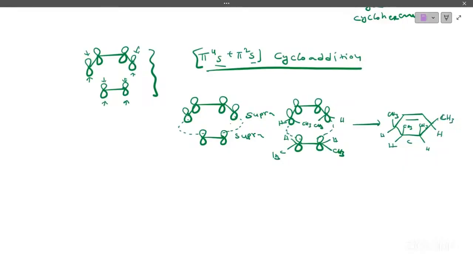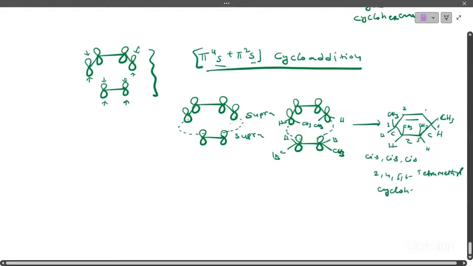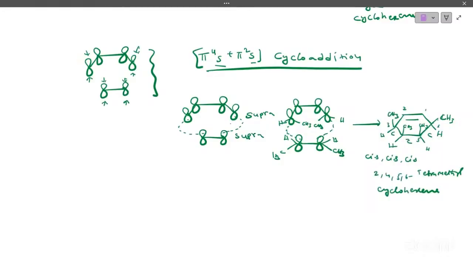CH3 and hydrogen. Now this also leads to all cis products. Cis, cis, cis with numbering 1, 2, 3, 4, 5, and 6. Then the product is 2,4,5,6-tetramethylcyclohexene. Right. All this product is generated.